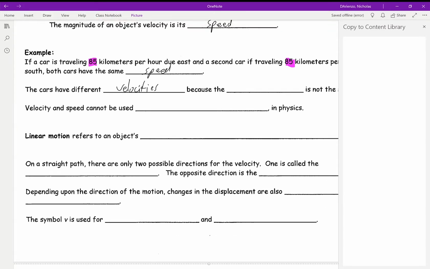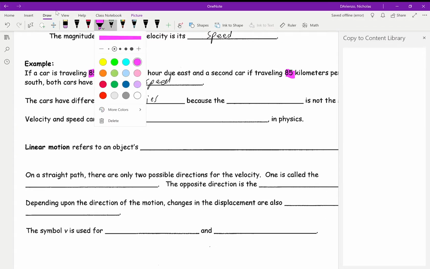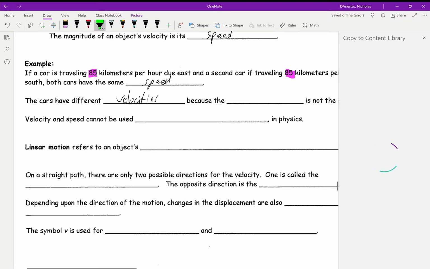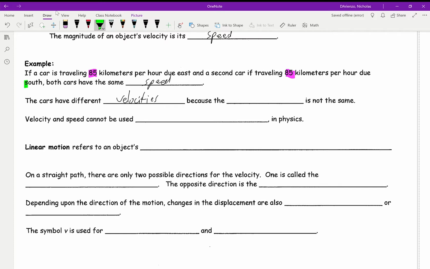That's because the one car is headed south and the one car is headed east. Because the direction is not the same, the velocity is going to be different. Even though the speed is the same, the direction is different. So if our direction changes, our velocity is going to change, even if the speed does not. Velocity and speed cannot be used interchangeably.